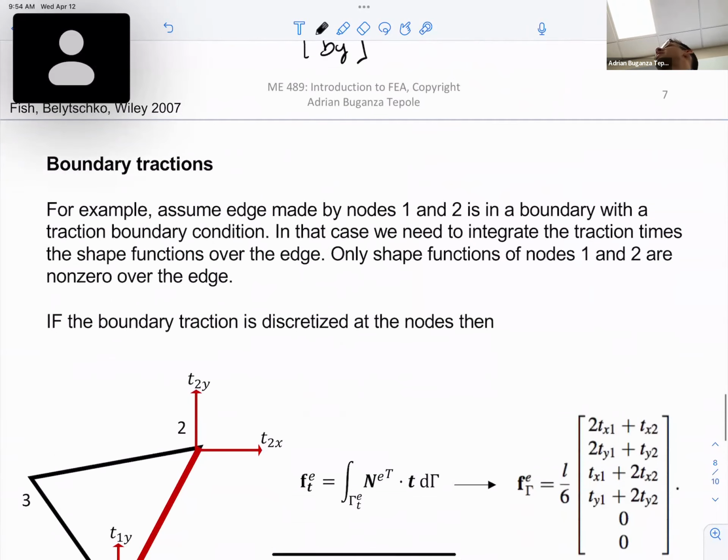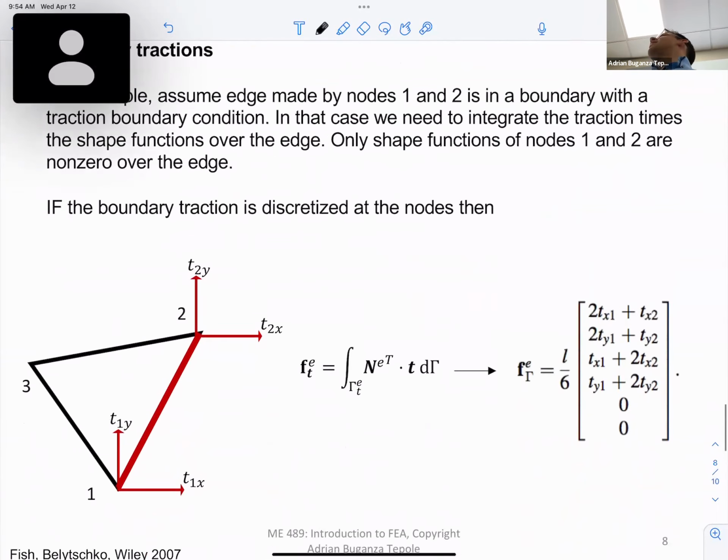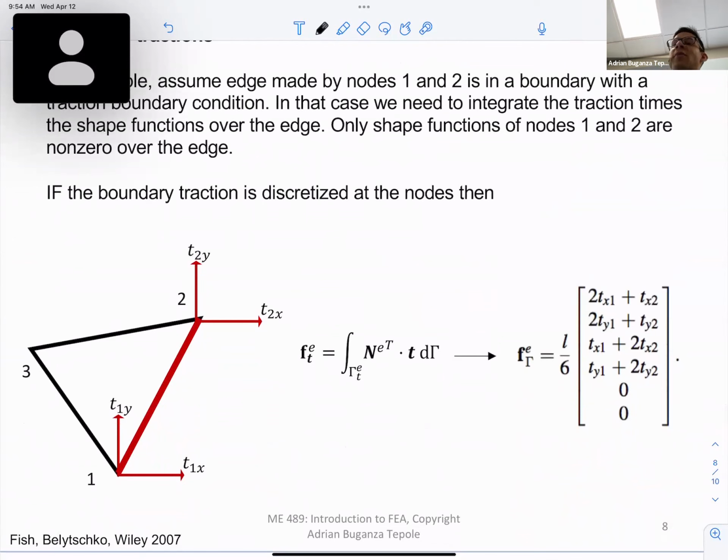Finally, for the boundary tractions, I'm not going to do this by hand, but similar to before, what you need to do is basically multiply the traction times the length of the element and then divide by 2 if it's constant traction.